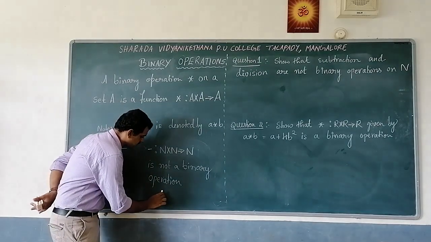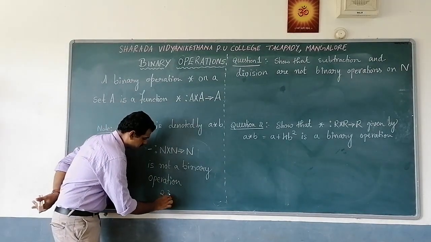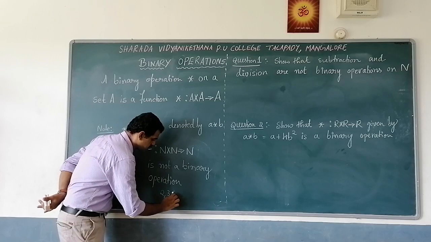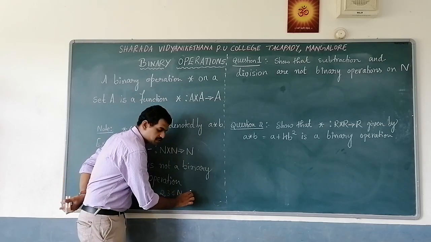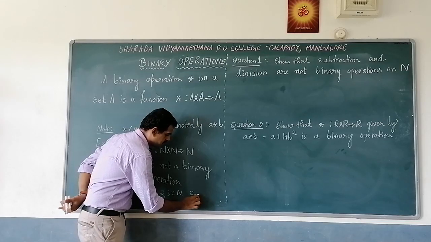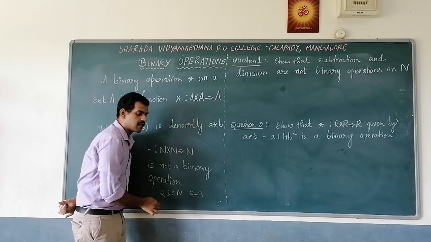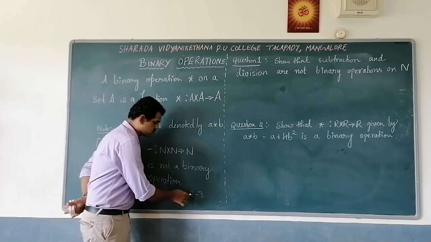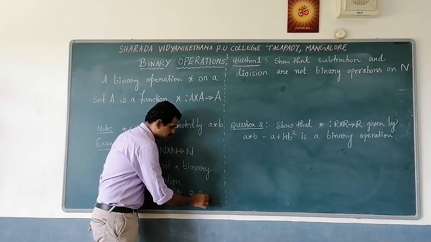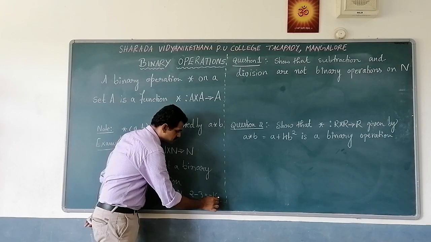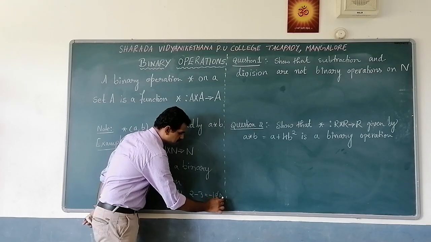If I take 2 and 3, both are natural numbers. Now perform the operation 2 minus 3. Minus is the operation I am going to perform. So 2 minus 3 is equal to minus 1. This is not a natural number.